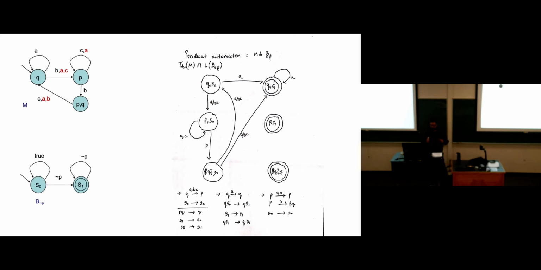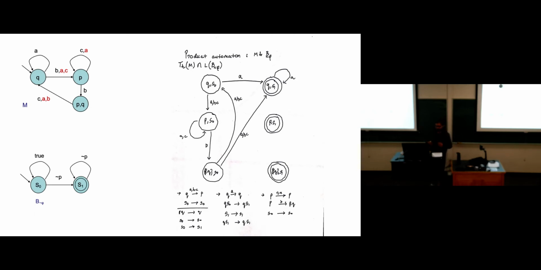I'm just presenting this slide sort of out of context, but the idea was we discussed how you can construct a Büchi automaton, which is the transition system representation of an LTL formula. And to do model checking, we actually want to first construct the Büchi automaton of the complement of the formula, right? So we want this transition system to accept traces which violate phi, or our LTL expression.